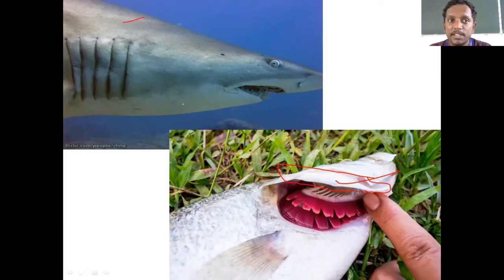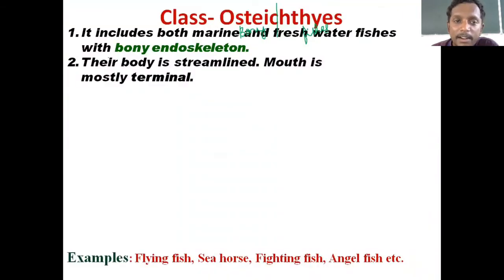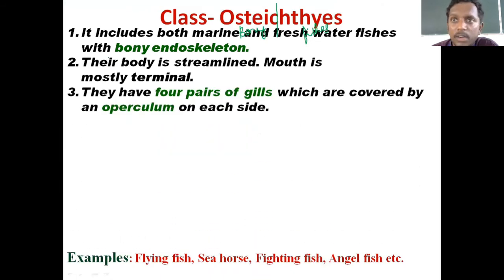Gill slits are present here, here gills are present but not gill slits. Got the difference? The body is streamlined, mouth is mostly terminal. Most of them will be having mouth at the tip. That also I will show you exactly with the picture. 4 pairs of gills covered by a shield-like structure, and that is called what? Operculum.